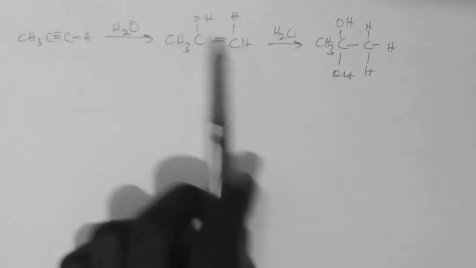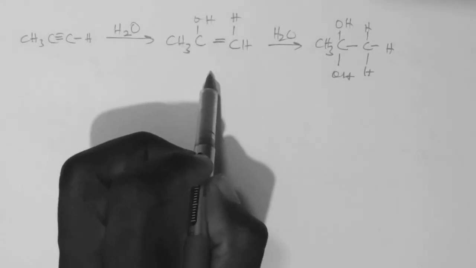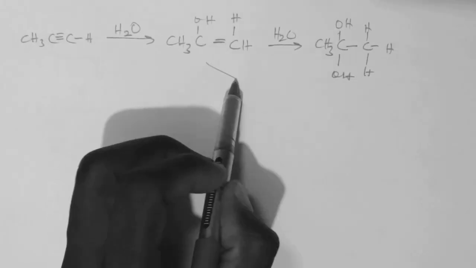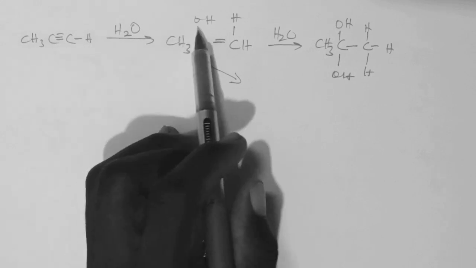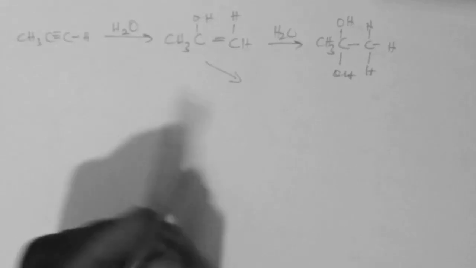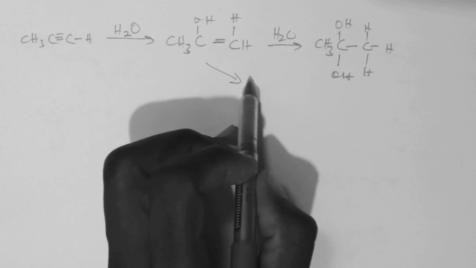All of these reactions are regioselective. Another possibility is that in this case, there is what is called tautomerization. So this alkene alcohol can tautomerize to give a ketone.